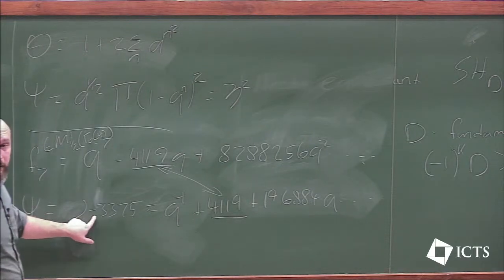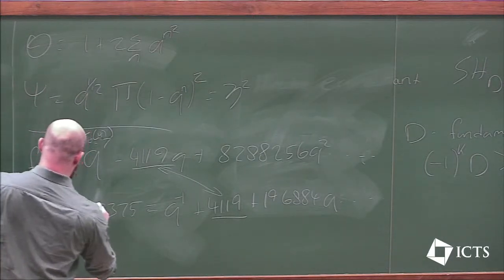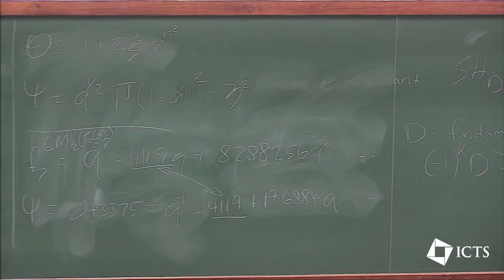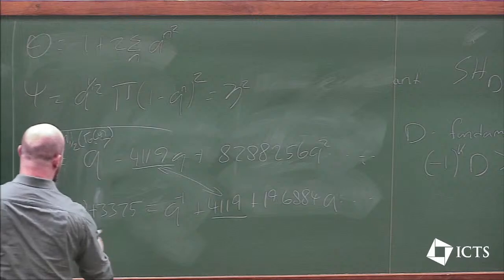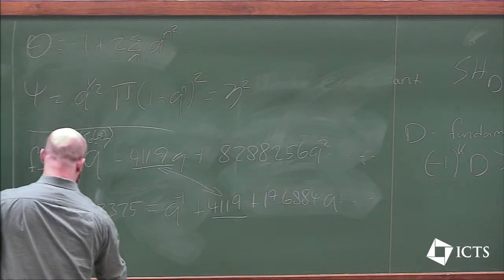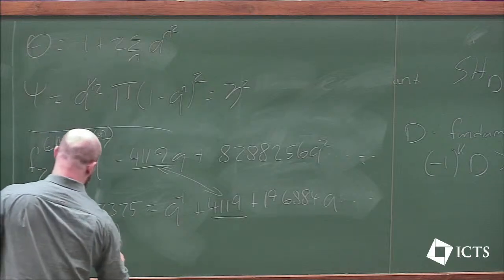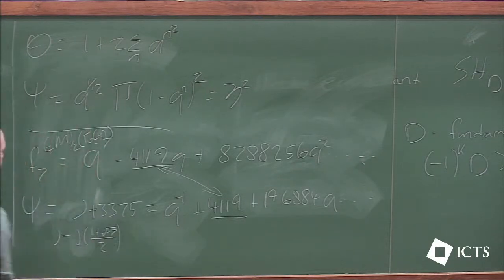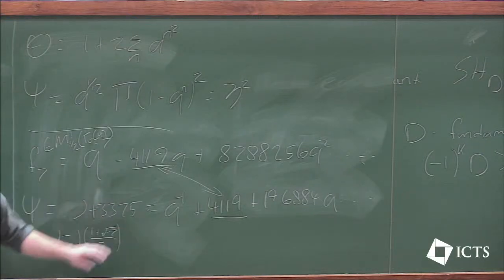This one right here is J plus. Right. Yes. It is J minus J of the CM point, which is 1 plus square root of minus 7 over 2. That value is minus 3375.